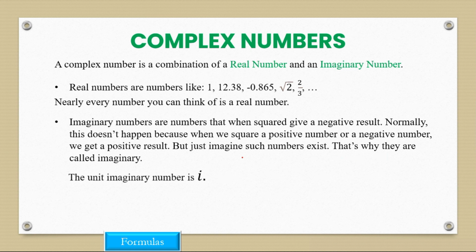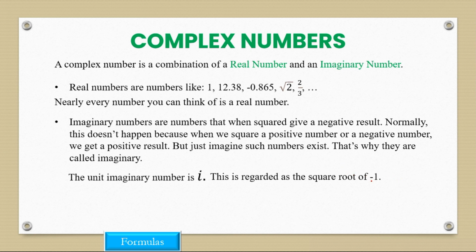Alright, the unit imaginary number is i. Imaginary numbers are represented using the letter small i. This is regarded as the square root of negative 1. So the square root of negative 1 is always going to be i. As you've observed, if we end up with a negative 1 inside a root, the calculator usually gives us an error and says it cannot work that out.